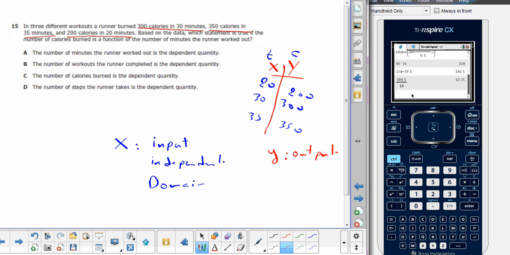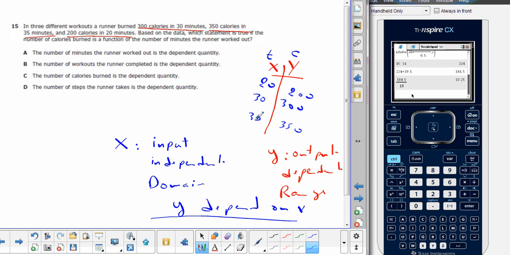Output, dependent, and range. And the main thing we know is that Y depends on X always. So basically, the time is your X, the calories is your Y. So we know that the calories depend on time for sure.